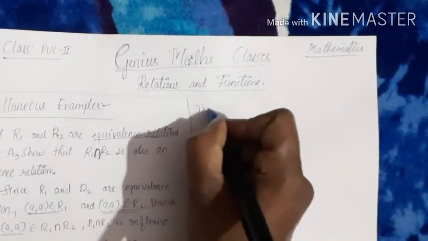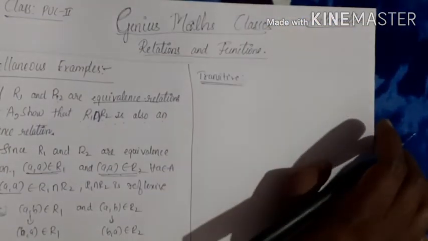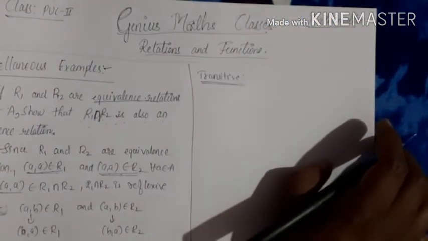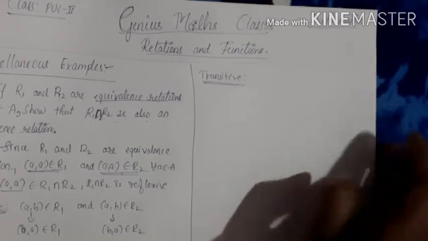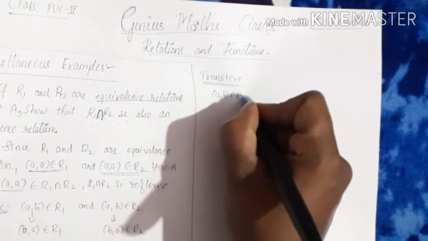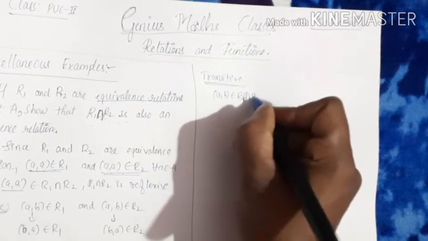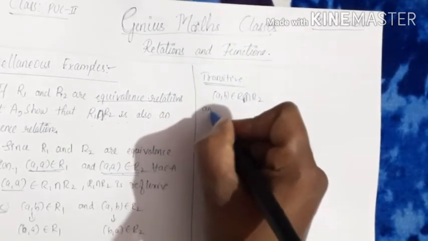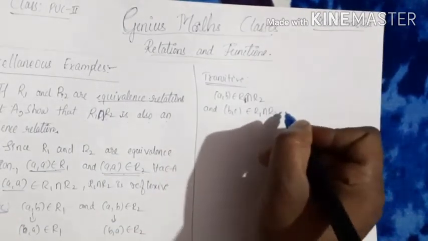Okay. So now transitive property. Transitive will tell that if (a, b) belongs to R and (b, c) belongs to R, that implies that (a, c) also belongs to R. So in this way we have to prove this. (a, b) belongs to R1 intersection R2, and (b, c) also belongs to R1 intersection R2.